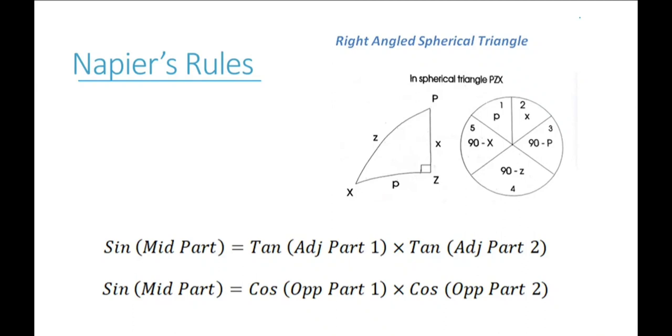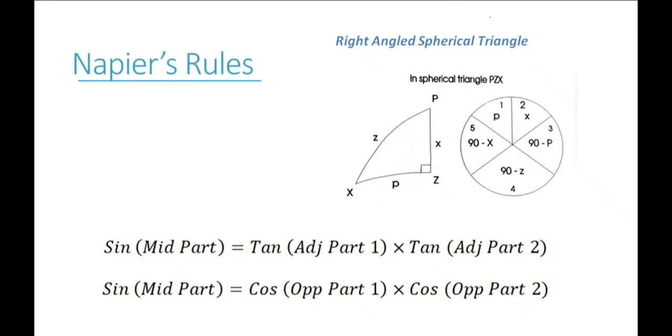So if we apply Napier's rule, it makes solving the spherical triangle very, very easy. Other than the 90-degree part, you need to know any two parts of the triangle and the entire triangle can be solved. Now, how do we apply this?